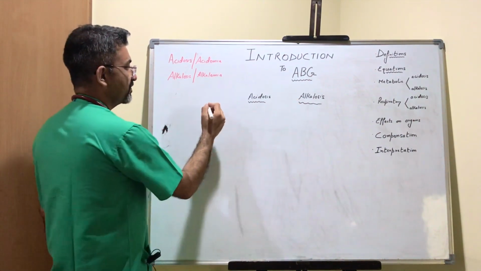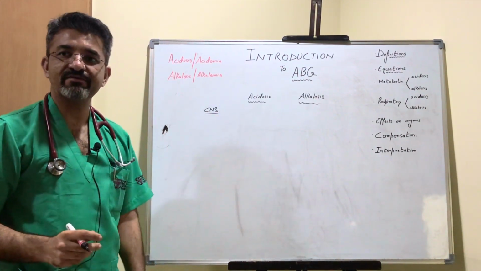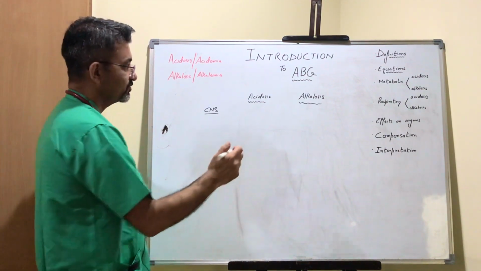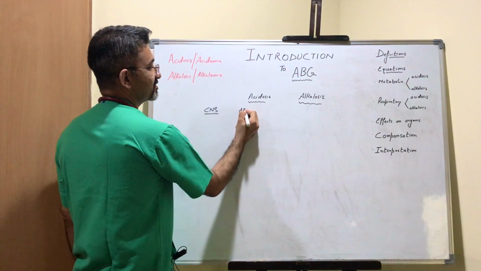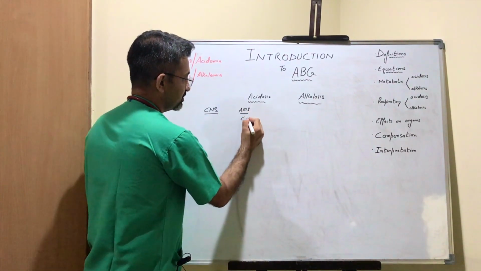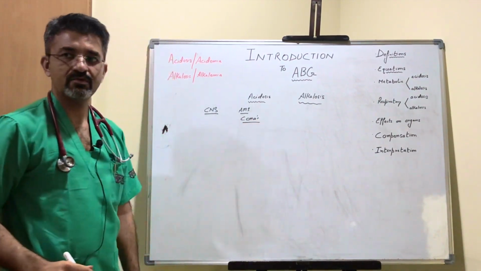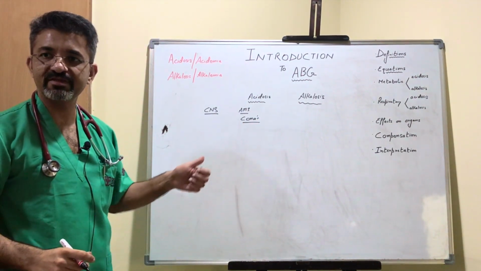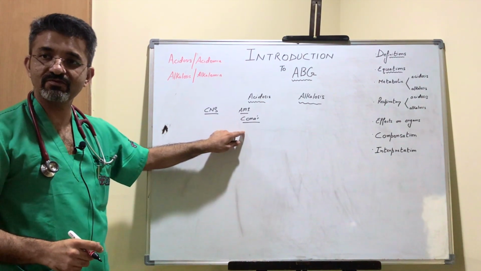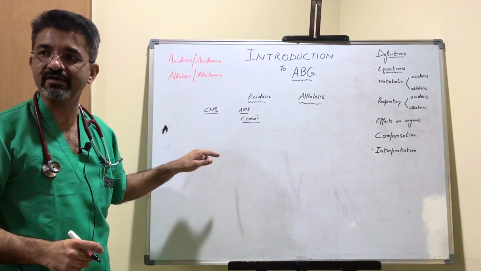Say for example, we take CNS. Whenever you have an acidic environment in our neuronal cells, you tend to have altered mental status, or you can have coma even if the acidosis is severe. So that is the importance of doing an ABG in a comatose patient when he comes to you in ER.